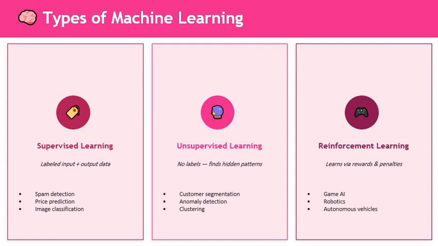Number three, one hot encoding is usually better for categorical variables. And number four, good models avoid both underfitting and overfitting. Number 5, the choice between supervised, unsupervised, and reinforcement learning depends on the problem and the available data.